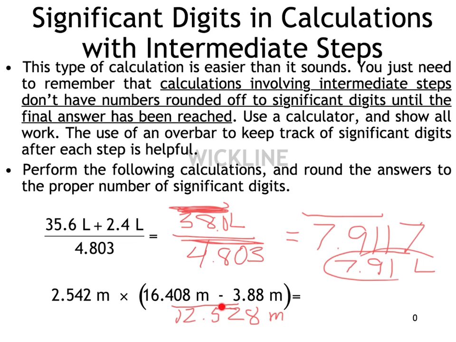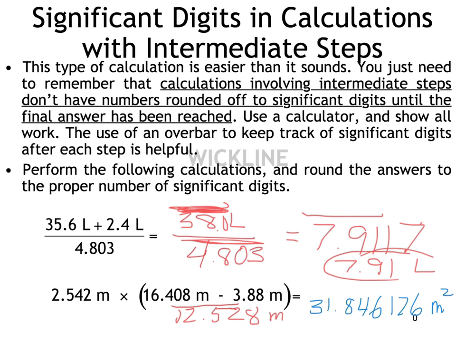So using the whole number, 12.528, multiplied by 2.542. And my entire answer is coming out to be 31.846176. Maybe it goes on and on like that, but that's all my calculator is showing. It's going to be meters squared.